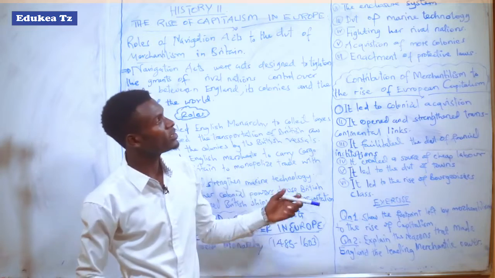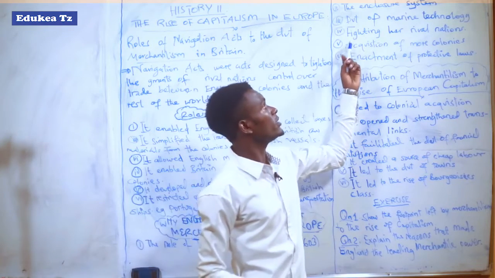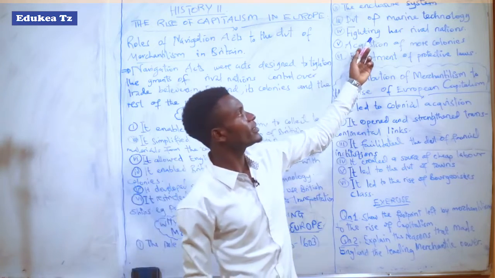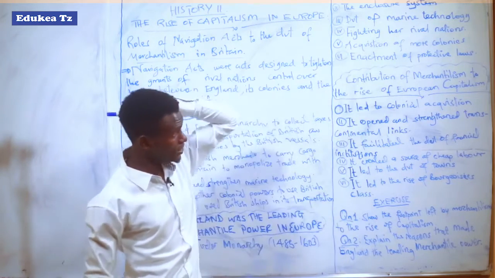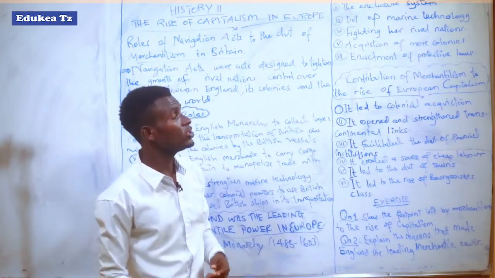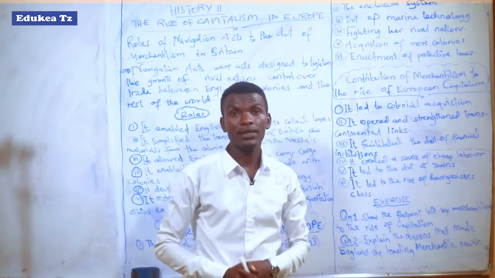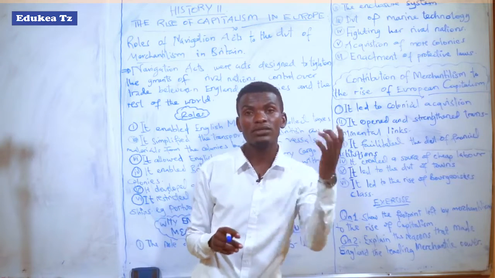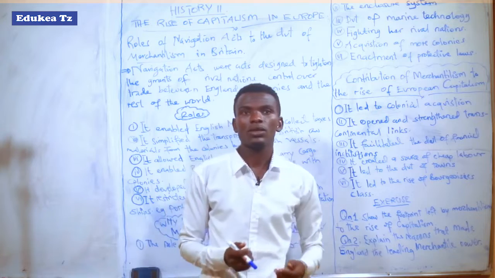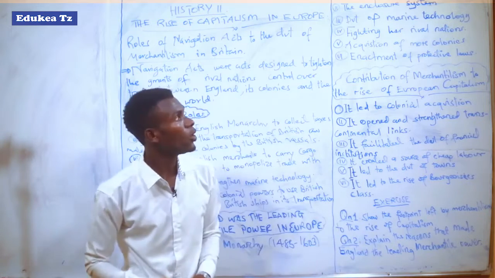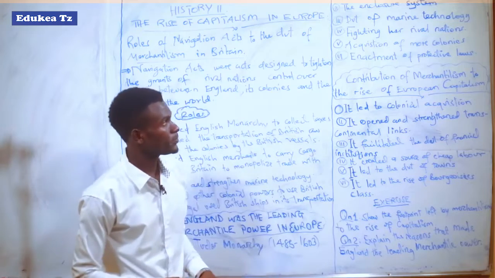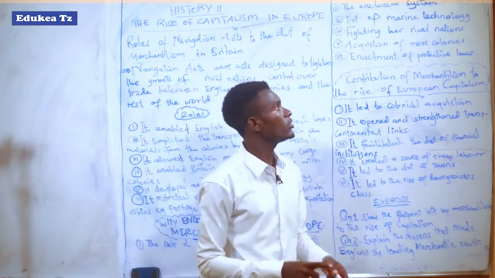So it established various laws to fight those rival nations in various ways, either by waging war, like when England waged war with Spain and with France.